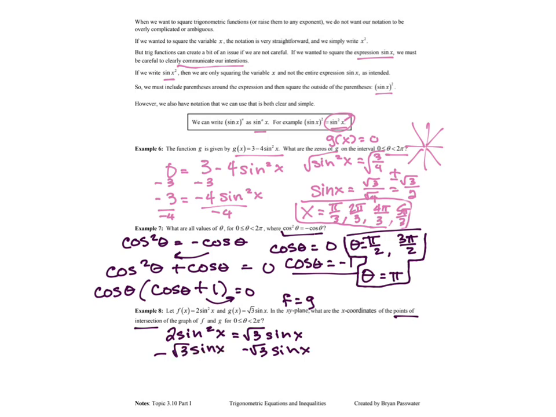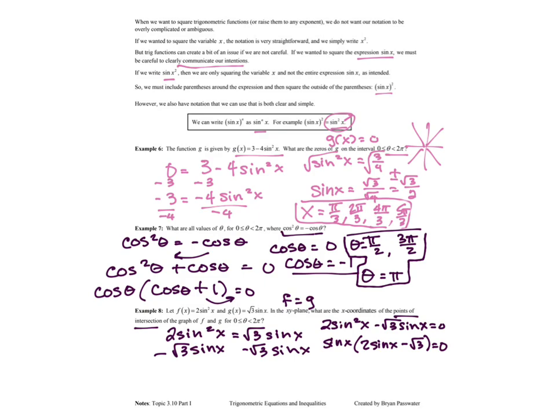So we're going to have 2 sine squared x minus square root 3 sine x equal to 0. And now both have a sine, so we can factor it out. So we'll have sine x on the outside. What's left on the inside? 2 sine x minus square root 3 equals 0. I've got two factors equal to 0.